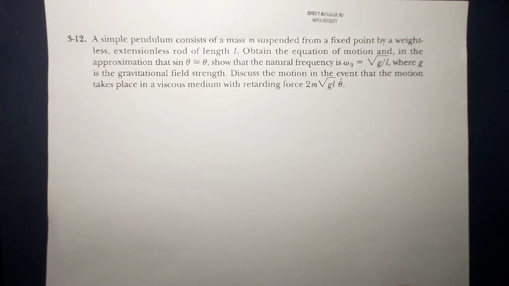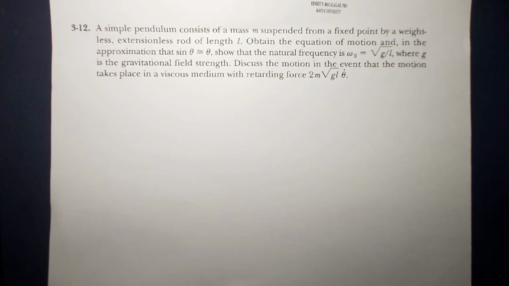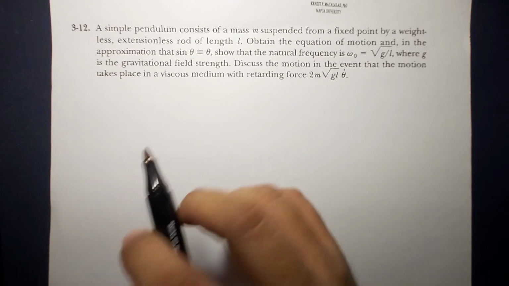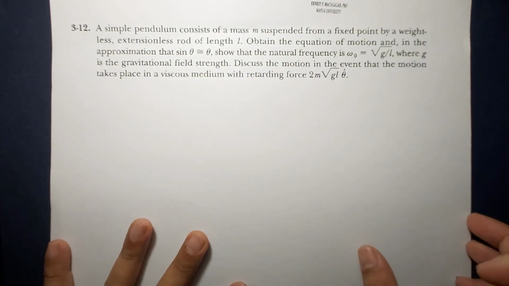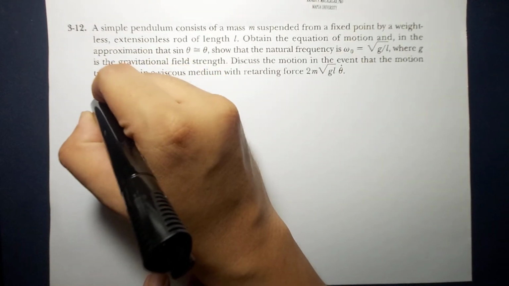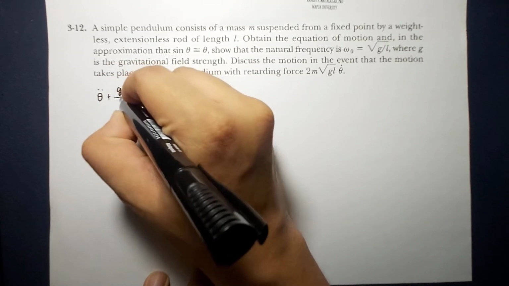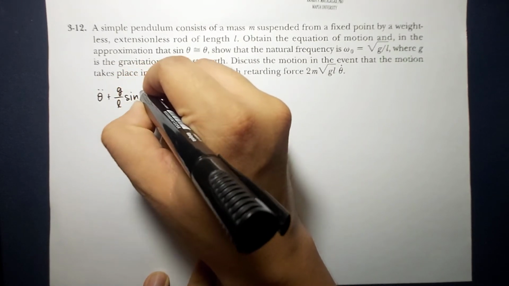So we already solved the first part of the problem, wherein we want to know the equation of motion of a simple pendulum under the approximation of sine theta approximately equal to theta. Okay, so we know that the equation of motion of a simple pendulum is theta double dot plus g over L sine theta equals 0.